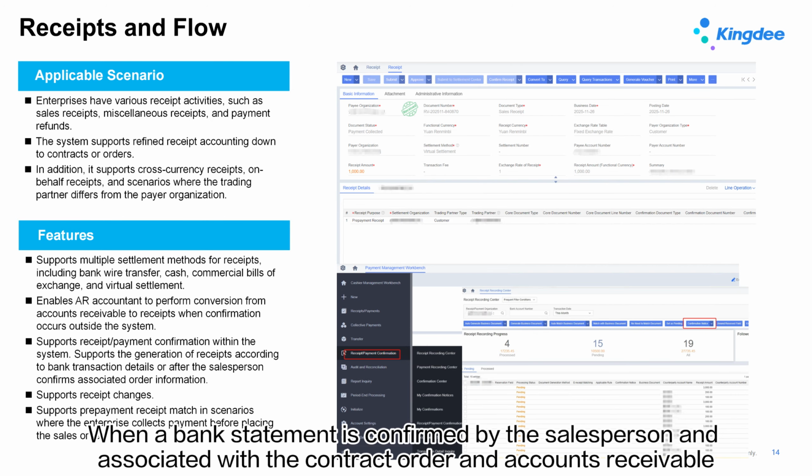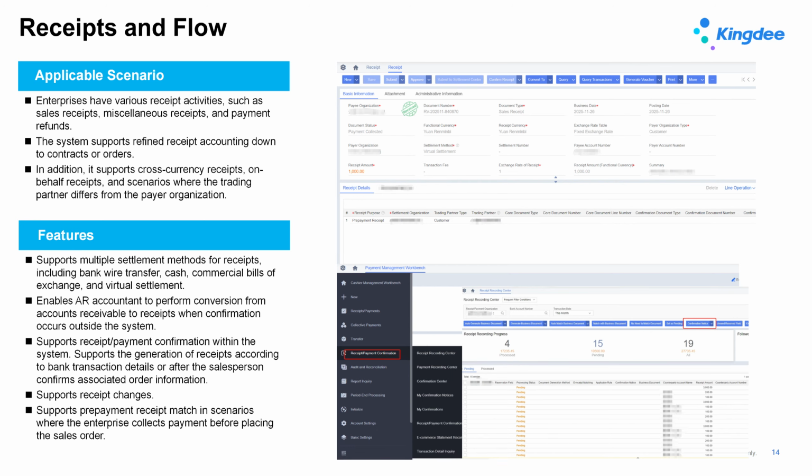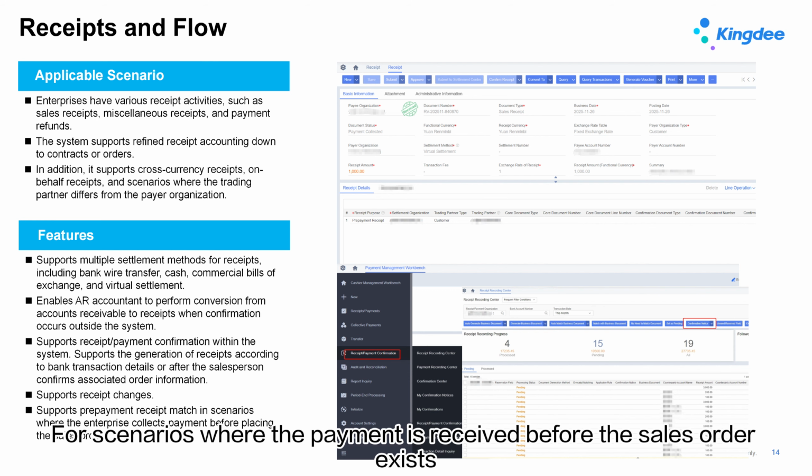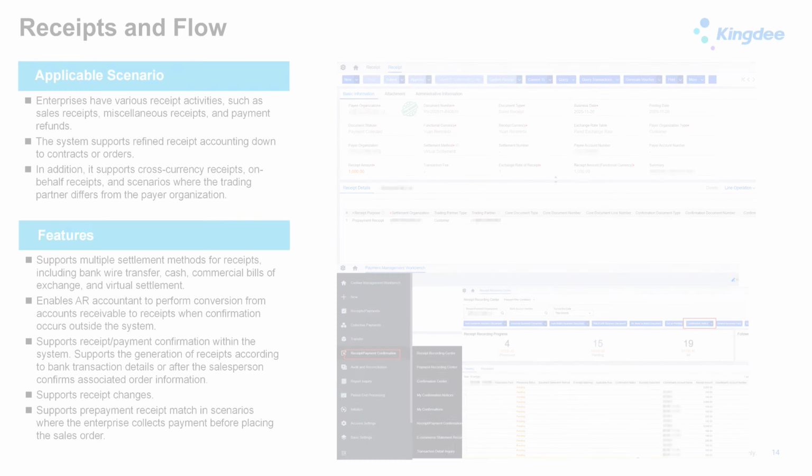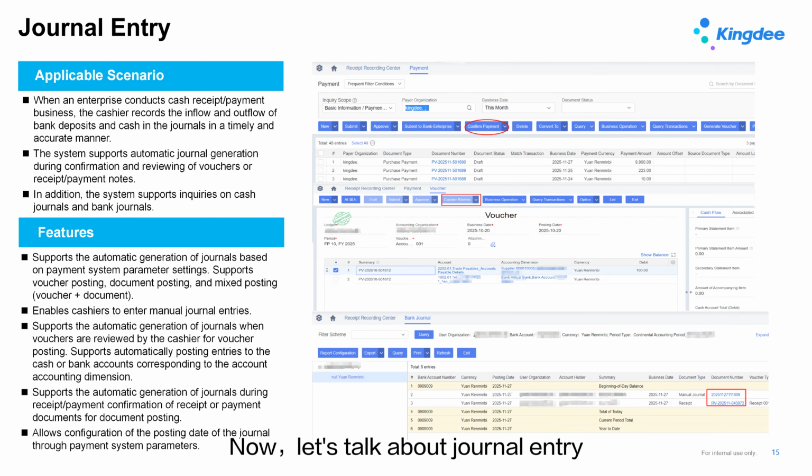When a bank statement is confirmed by the salesperson and associated with the contract order and accounts receivable, a receipt note is generated. The system also supports receipt changes. For scenarios where the payment is received before the sales order exists, the system allows prepayment receipt match in the sales order.